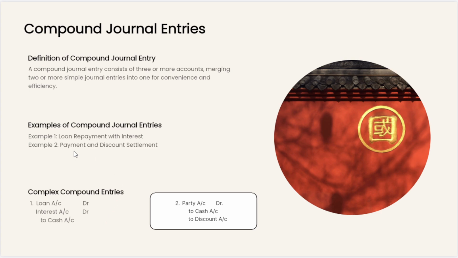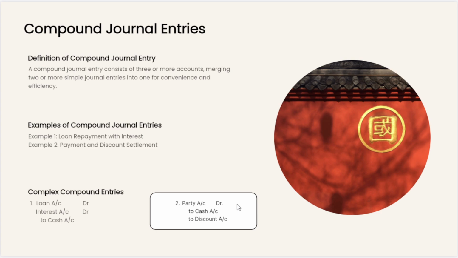In the same way, the second one: payment and discount settled. We make a payment to a party. Debit the receiver; it is a personal account. And what we paid is cash, a real account: debit what comes in, credit what goes out.